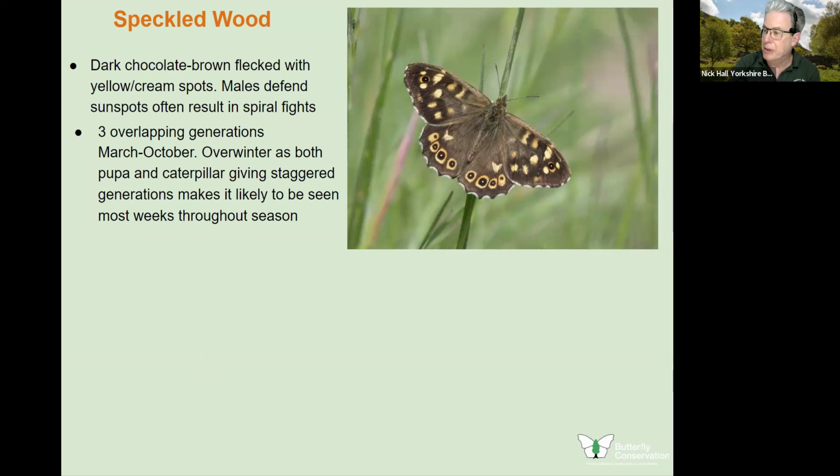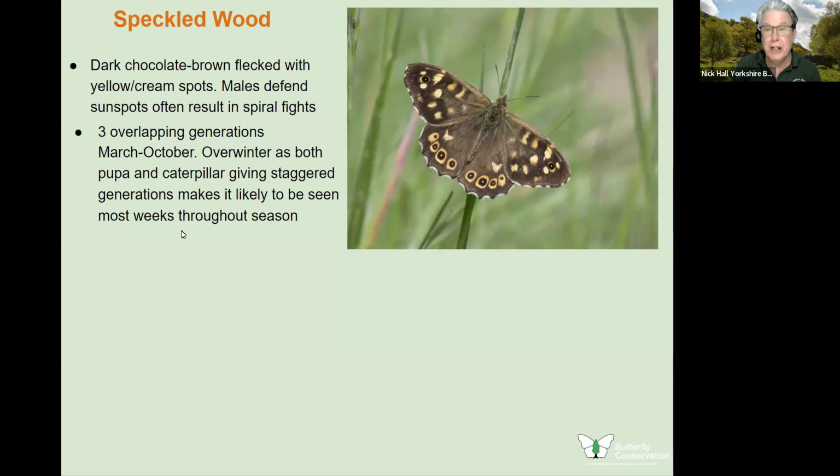I had one report of 30 from a graveyard, which is nearly double what you normally see at this time of the year. They've had a big hatch, and the reason is they're hatching from pupae, and because of the warm weather, they've all hatched together. They'll live for about a week, and then they'll be replaced with butterflies which are hatching from caterpillars that overwintered.